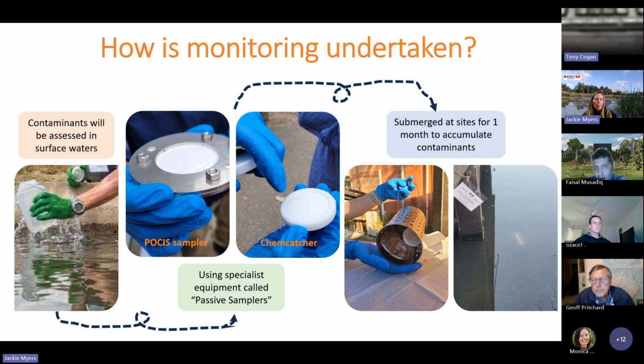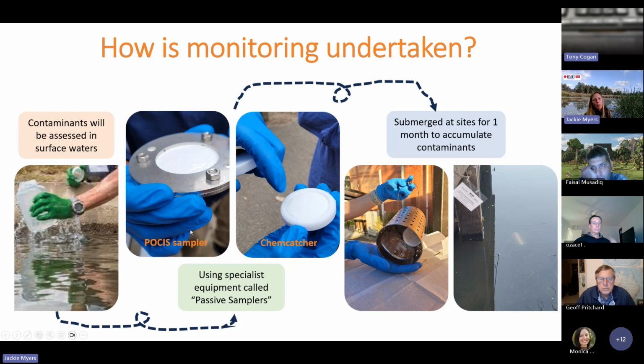The passive samplers are submerged underwater for several weeks to months, during which time they absorb chemical contaminants. After that deployment period, they're retrieved and sent back to the lab where they're analysed to identify the contaminants that they've accumulated. For this project, we will use two types of passive samplers, and these are both shown in those middle two pictures.